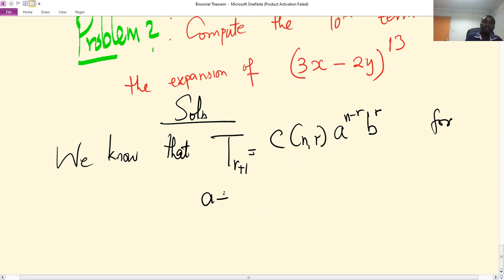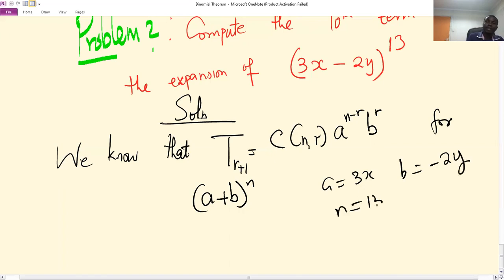So our a is 3x and b is minus 2y. Our n is 13. And when you say 10th term, the question was to calculate the 10th term, so it means that we need T10.